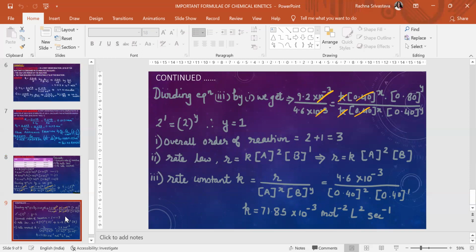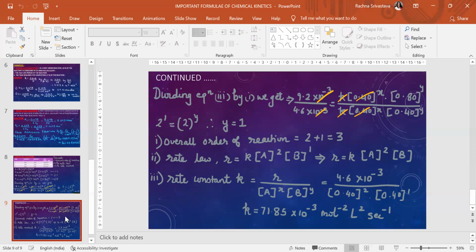In doing so, 0.40 raised to the power x divided by 0.40 raised to the power x gets easily cancelled because bases are same. Again, 10 to the power minus 3 is getting cancelled from numerator and denominator. Your k gets cancelled. You are left on simplification 2 raised to the power 1 is equal to 2 raised to the power y. Again, because bases are same, it's 2. Therefore, y is equal to 1.